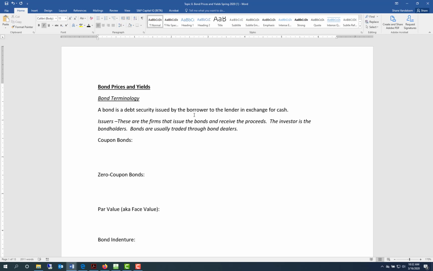Okay, so the first types of bonds we'll talk about are coupon bonds, and coupon bonds are bonds that pay interest payments typically twice per year.